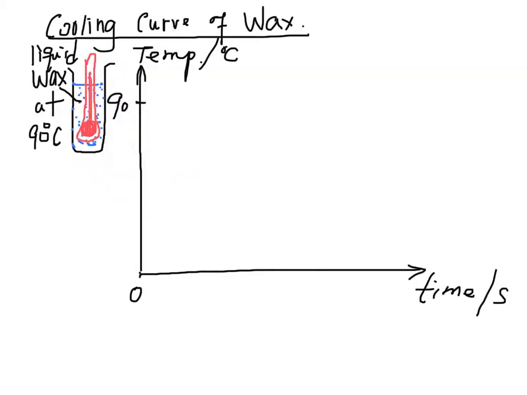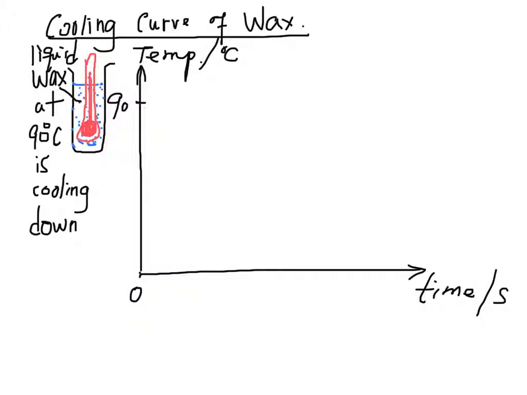In this section, you will learn the cooling curve of wax. First, let's put a test tube containing wax under the hot water bath until all the wax is melted to become liquid at a temperature of about 90 degrees Celsius.